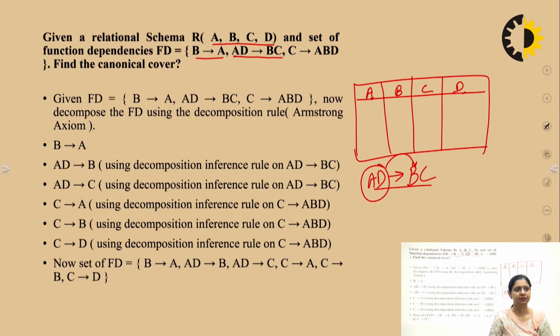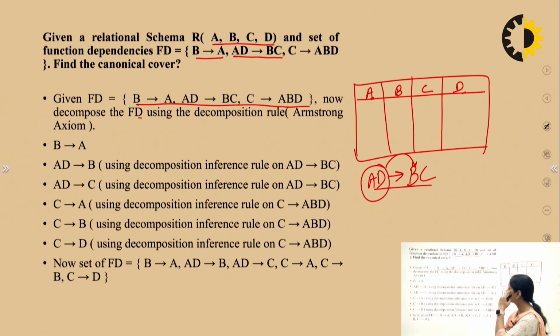that is BC. So the very first step that we do is, we'll try to decompose all the functional dependencies so that we have only a single attribute on the right hand side. Using the decomposition rule, we will be decomposing these functional dependencies so that we have single attributes on the right hand side.